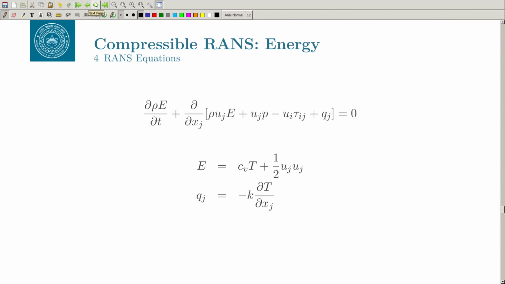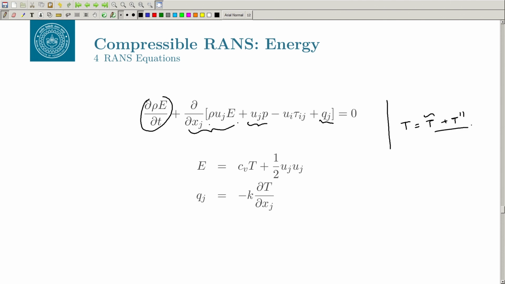Look at the energy equation, and as you would expect, it becomes more complicated, because in this we not only have the pressure work, which is the interaction between the pressure and the velocity, but we also have this thermal conductivity term, the thermal work, rho u j e, and of course, the change in the energy with time. All these terms are there, but the philosophy remains the same, because we are using T equal to T tilde plus T double prime.